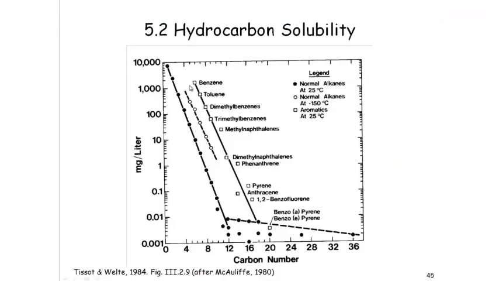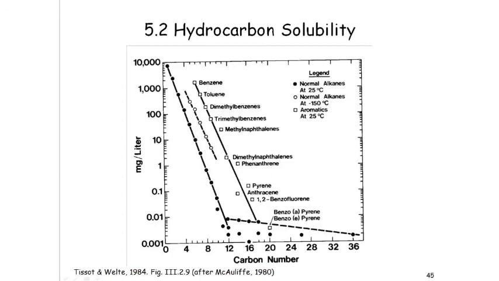Again, another view of hydrocarbon solubility. There's benzene that we were talking about. It's got 6 carbons. If we go down to the 6-carbon normal alkane, which is hexane, we find that it's 2 orders of magnitude less soluble than benzene. And you can see that the BTEX, or substituted monoaromatics, are much more soluble than their equivalent normal alkanes.